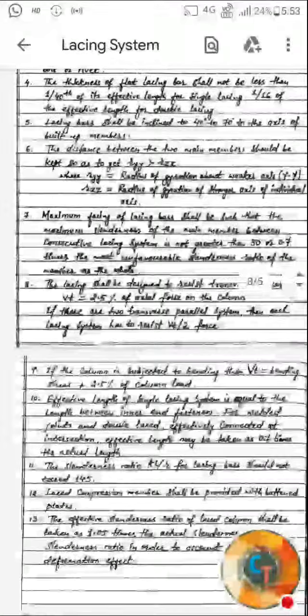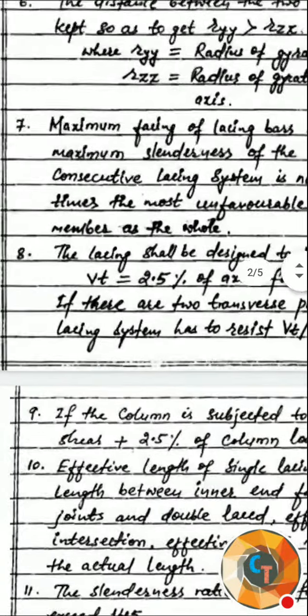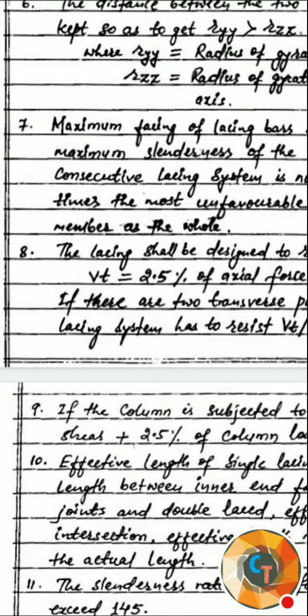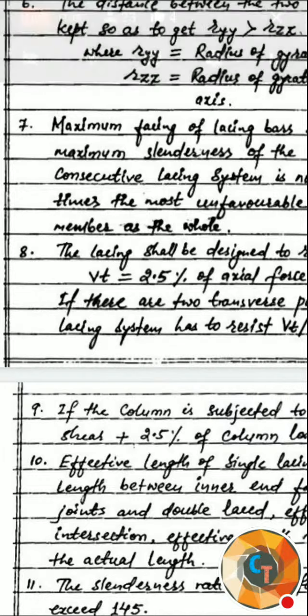You will get this point when you are designing lacing columns. Seventh point, and then the eighth point. Seventh may not be clear, right? In the seventh point, the slenderness ratio should be kept as minimum, less than 50.